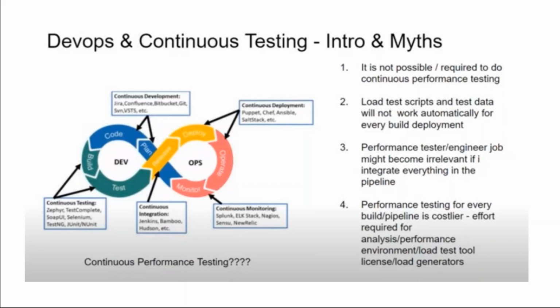From a real-time expectation, what is happening in a project, we will try to uncover all these things, so that we get a clear idea of our boundary, what we are going to do in performance testing when it comes to DevOps. That is what we will learn as part of the introduction when we start this Saturday next week.